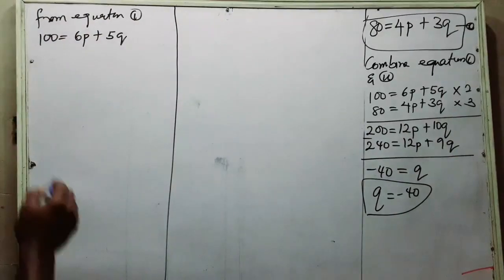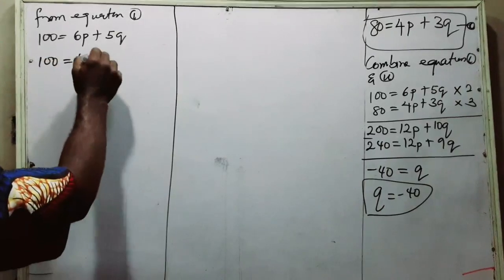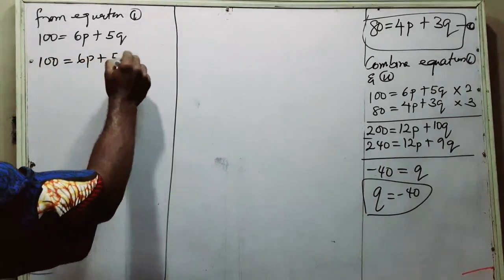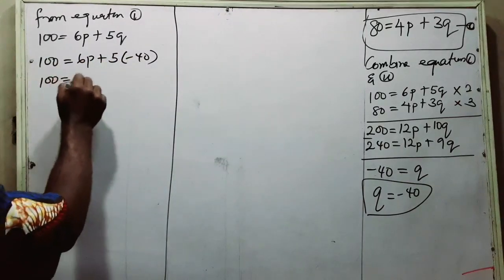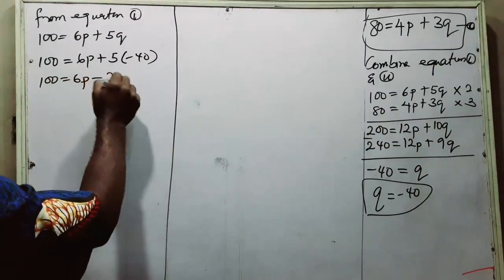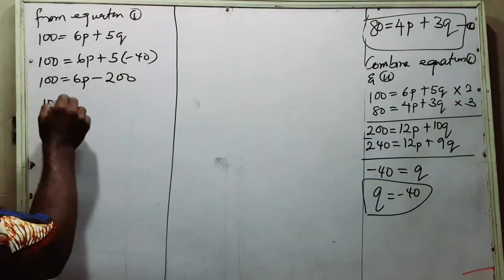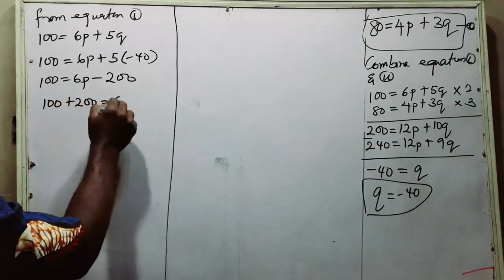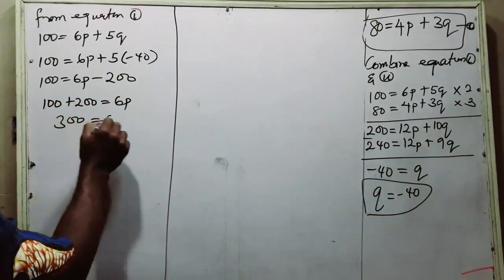So now we have 100 is equal to 6p plus 5 times minus 40. So 100 is equal to 6p minus 200. By having this, 100 plus 200 gives us 6p. So 300 is equal to 6p.